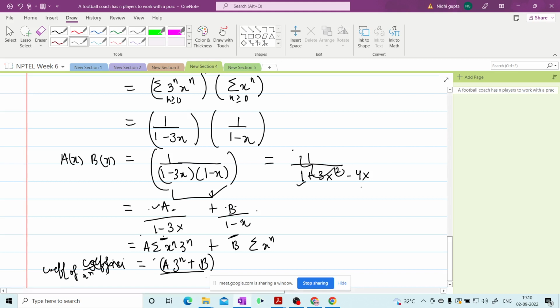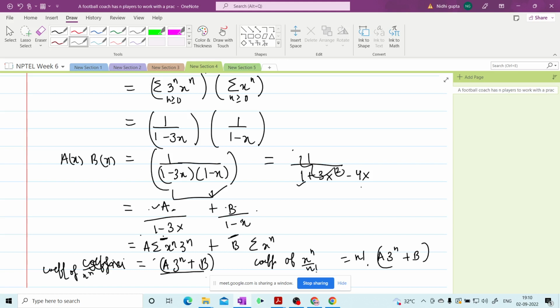But we are using exponential generating functions, so the coefficient of x to the n by n factorial will be n factorial times a 3 raised to the power n plus b. And I hope you know how to get this a and b. So your final answer will be this.